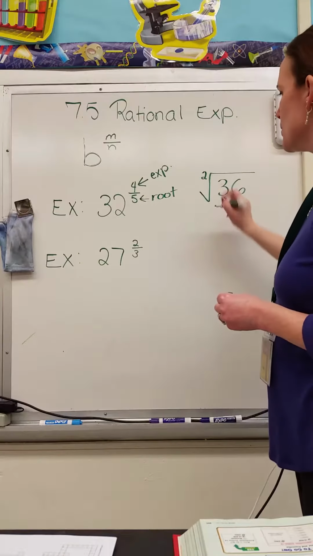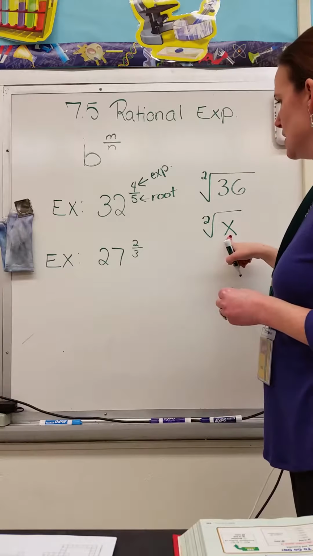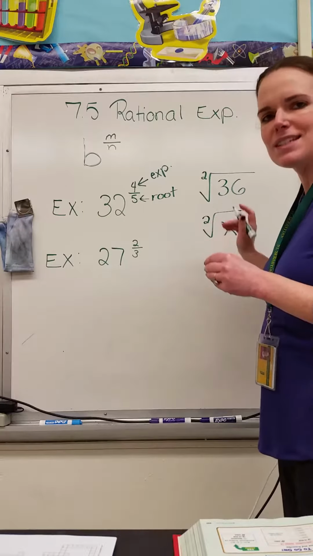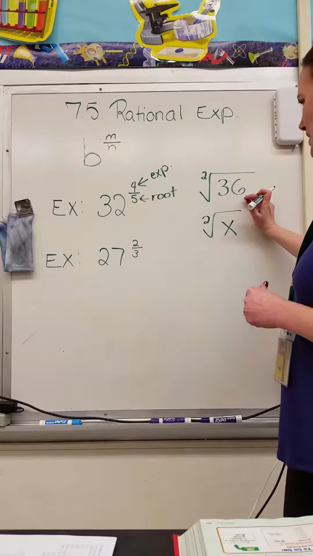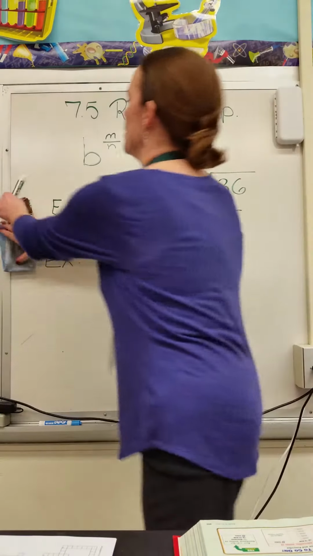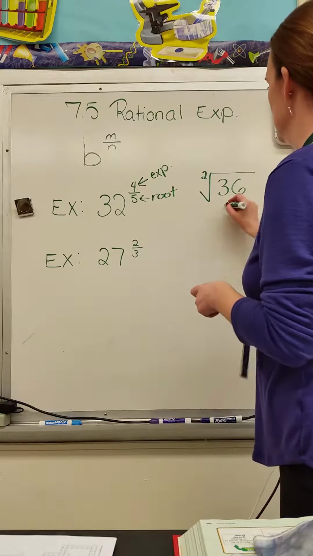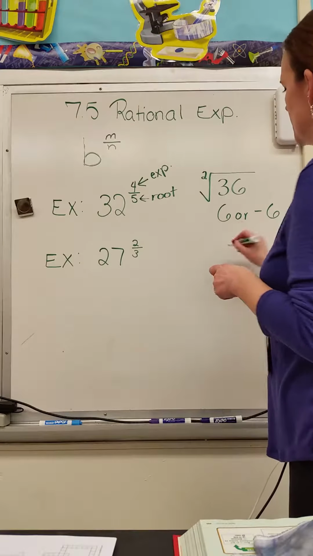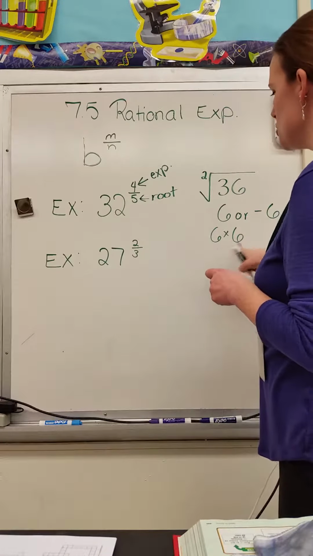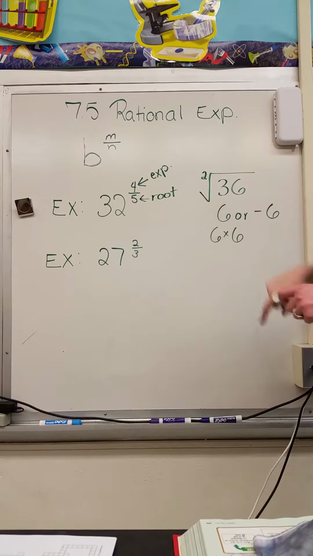So this square root is really telling you there's some number, x, that when I take x times itself, I'll get 36. So the square root of 36, as you know, is 6, or negative 6, because 6 times 6 gives me 36, and negative 6 times negative 6 is also 36.